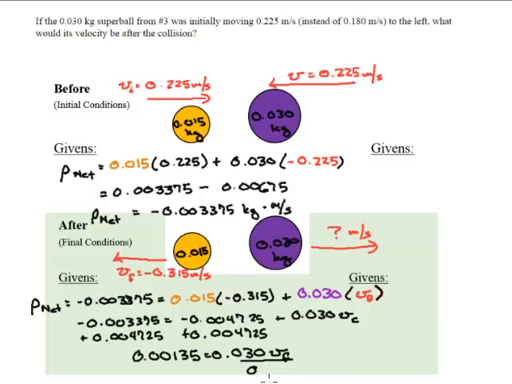I'm going to divide by 0.030, cancel, 0.030, and I get a velocity final of 0.045 meters per second, but because it is positive, it means that it is moving in that direction.